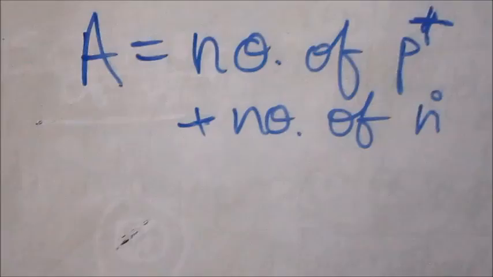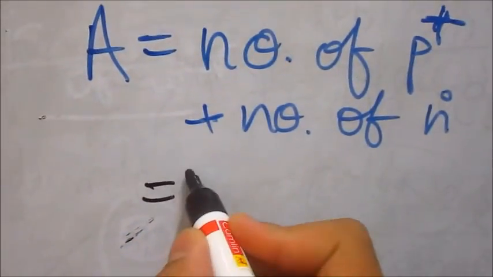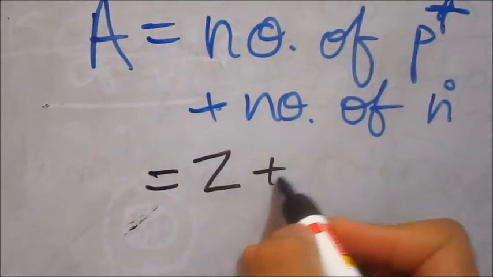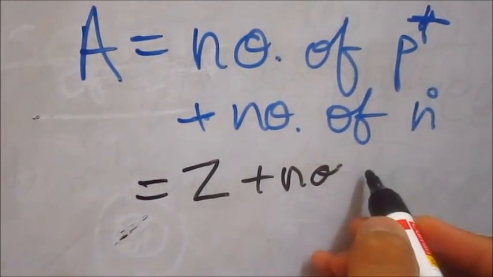The total number of neutrons and protons present in the nucleus of an atom is called its mass number, denoted by the letter A. This is equal to the atomic number plus the number of neutrons.